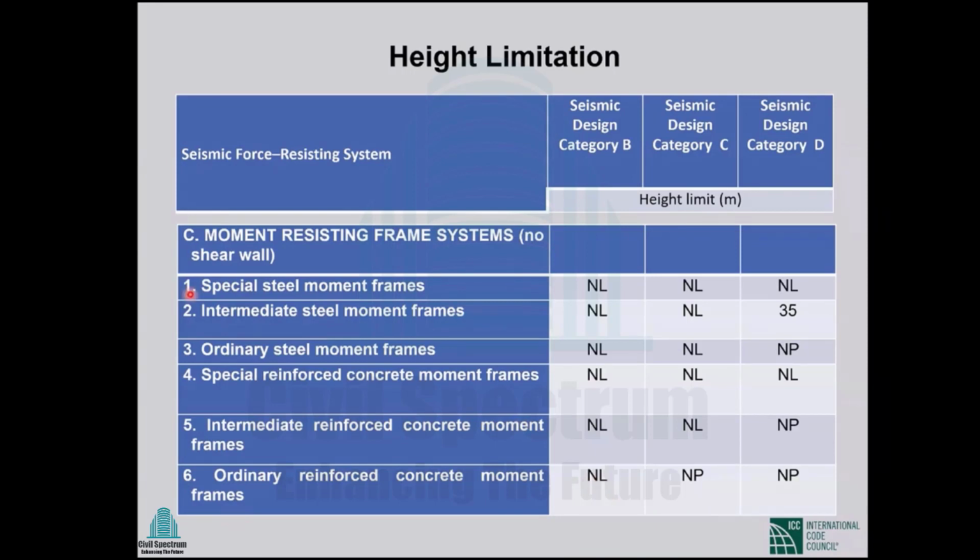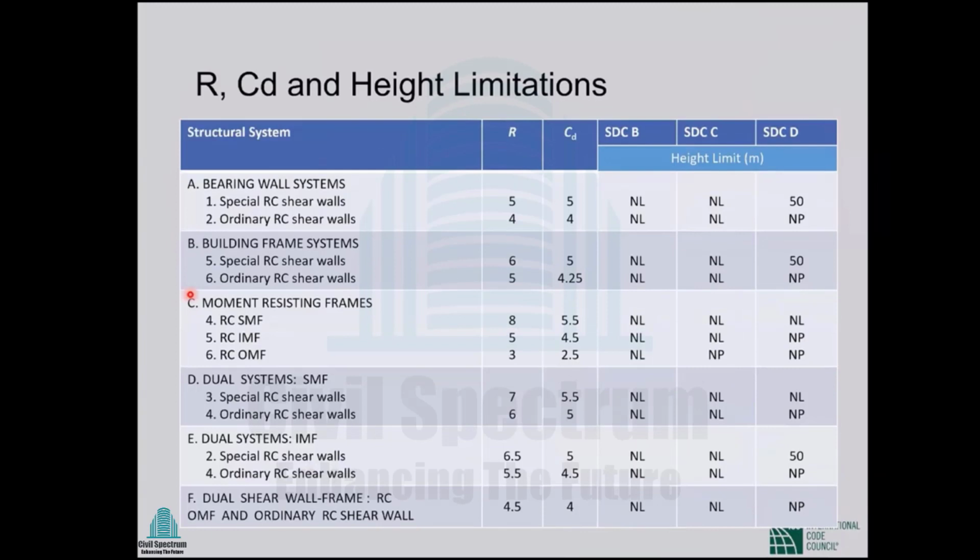So this table is a big table for other building configurations or building categories. What is it? Building structure systems. There are mentions of height limits for different seismic design categories. Oh, it is there. So at the same time, the R values are mentioned, and for calculation of deformation, Cd values are there, and the height limits are mentioned here.